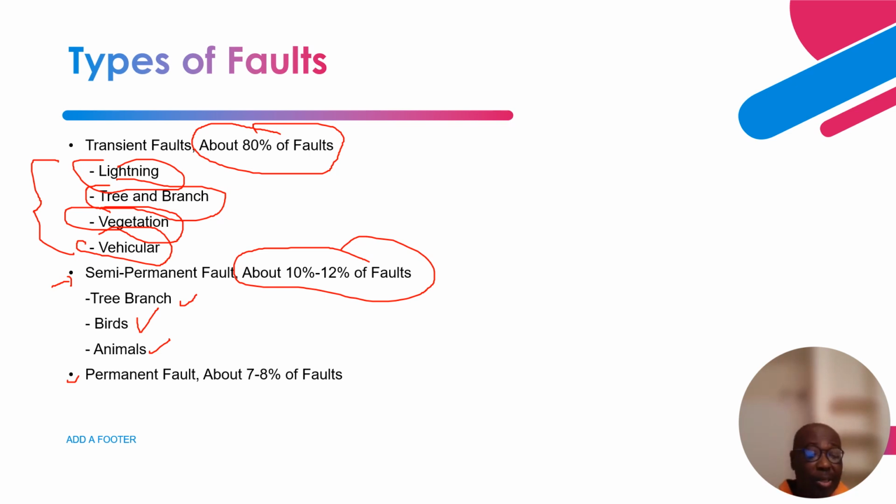You can also have other permanent faults, like galloping and clashing of conductors, where the ionization of the air can sometimes melt the conductors, and they can form a permanent fault.